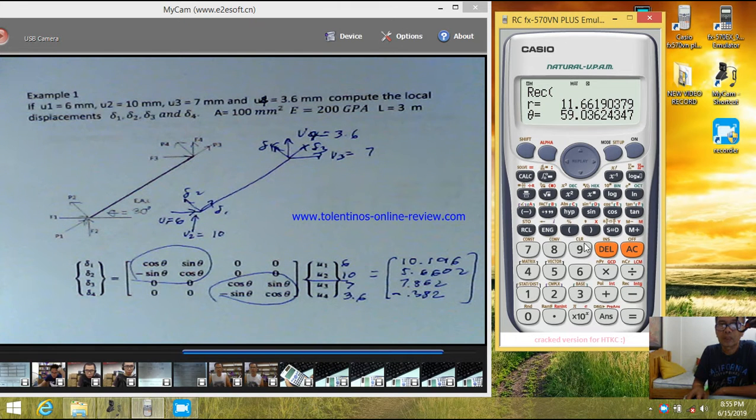Now, X, and then Y. We transform the coordinate by subtracting the angle of 30 degrees.